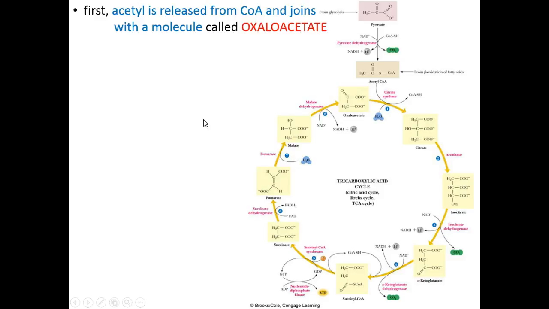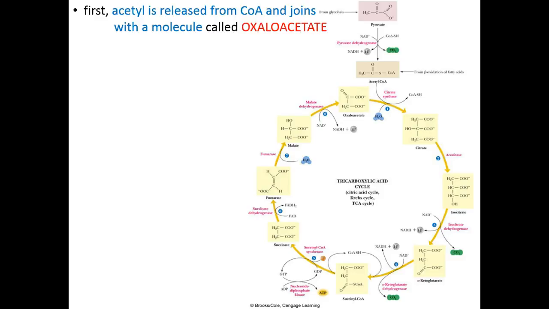So here it is in all its glory, the citric acid cycle. We start with pyruvate, we convert it into acetyl-CoA, and no surprise that this is a cycle. We're going to go around and come all the way back to regenerate our precursor so that we can repeat this process again and again.